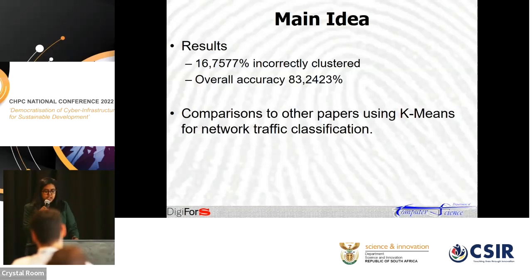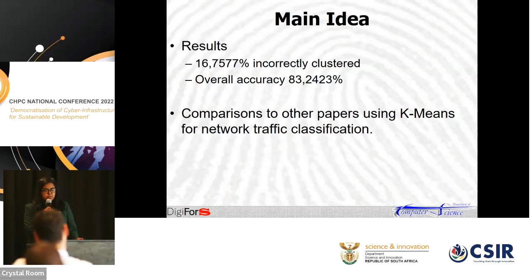Another study compared k-means and DBSCAN to a previously used AutoClass algorithm to evaluate the accuracy with regards to network traffic classification. Specifically with k-means, the overall accuracy of the two datasets which were used in experiments was 79% and 84% respectively. The results of both of these studies correspond with the experiment in this paper, achieving 83.24%, which is approximately 80%.